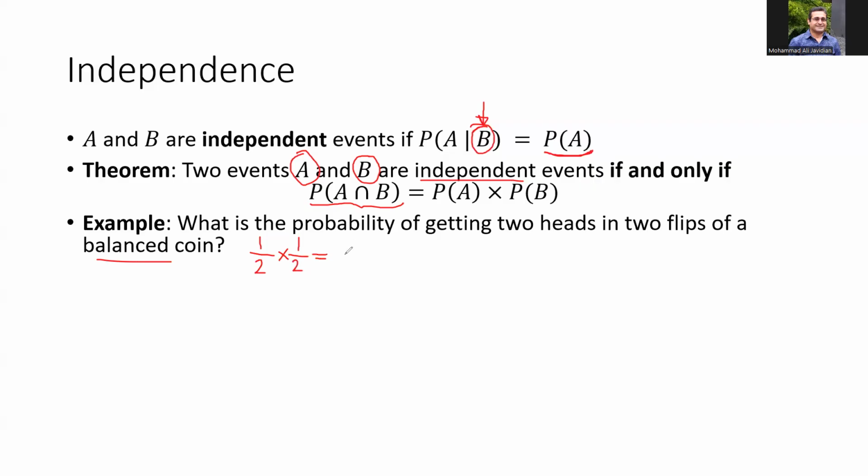So that means 1/4. That's one way to solve this example. While we do the multiplication, P of A times P of B, we consider getting heads as two separate independent events, because the probability of a head in the second flip doesn't depend on what happened in the first flip.